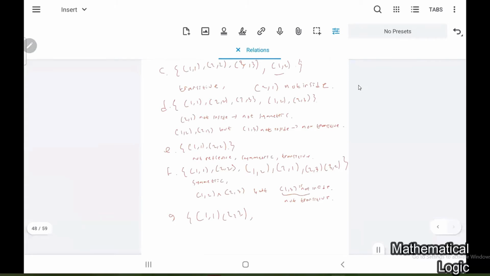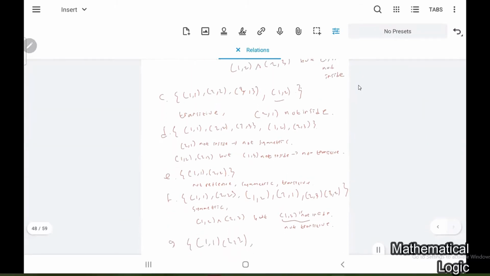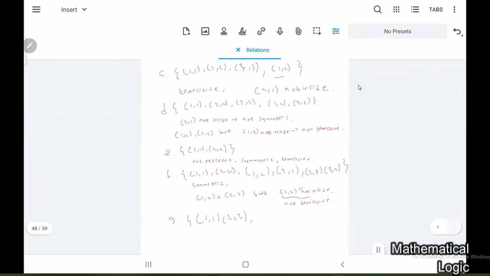So this one, just add one more. What is that? Transitive. So we have 2, 2. So this one, add one more 1, 2, right? So we add 1, 2 here.